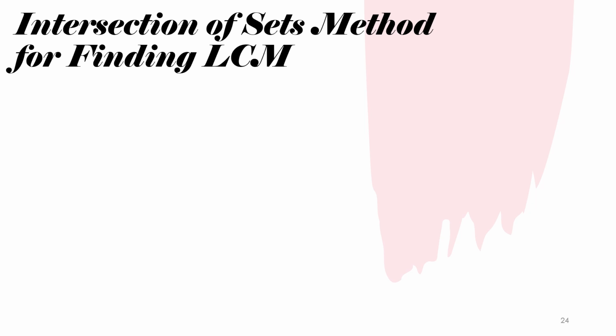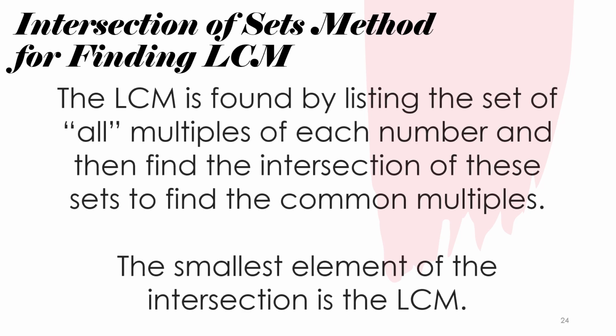Now I want to show you the intersection of sets method for finding the least common multiple. Using this method, the least common multiple is found by listing the set of all of the multiples of each number, and then finding the intersection of these sets to find the common multiples. I've put quotation marks around the word all here because multiples go on forever.